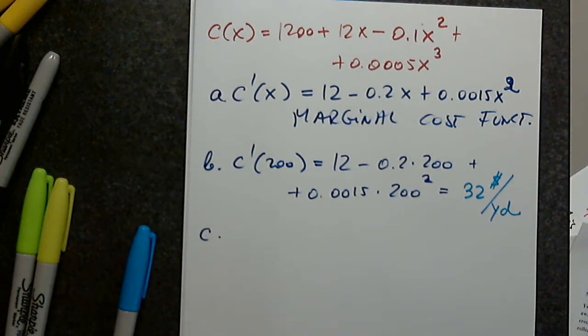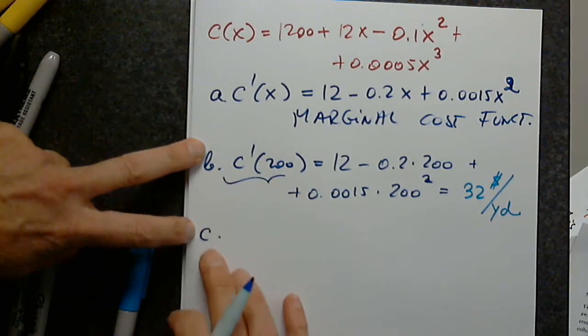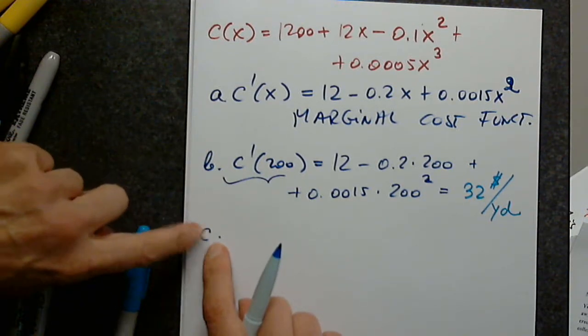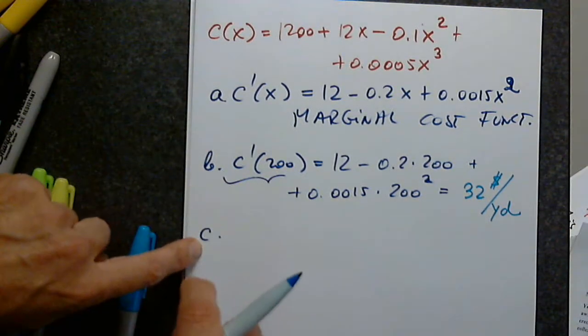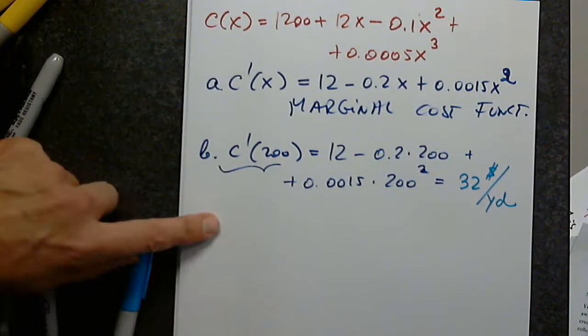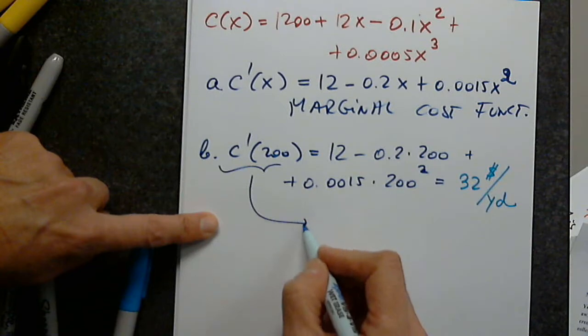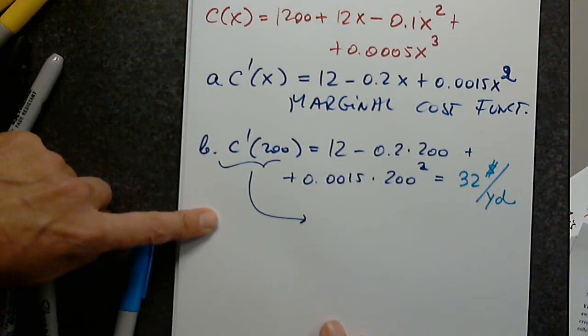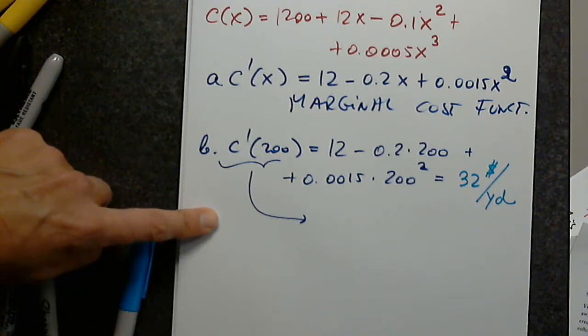So what does this represent? Because this is extremely important. We're going to get to this particular idea at the end of this chapter, and this is crucial. So that's how much the cost increases for each additional yard when the production is 200 yards.